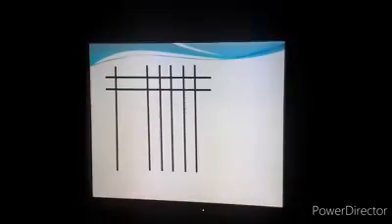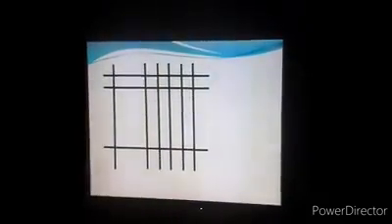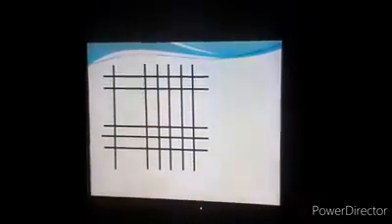In the first fraction, the numerator is 1, and the denominator is 1, 2, 3, 4, 5. For the second fraction, the numerator is 1, 2, and the denominator is 1, 2, 3.